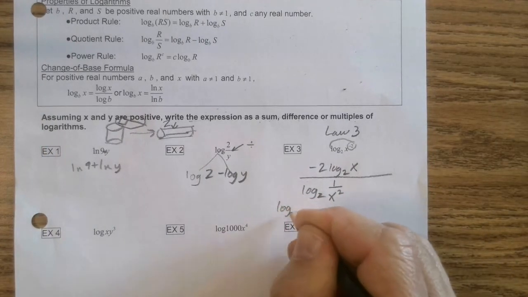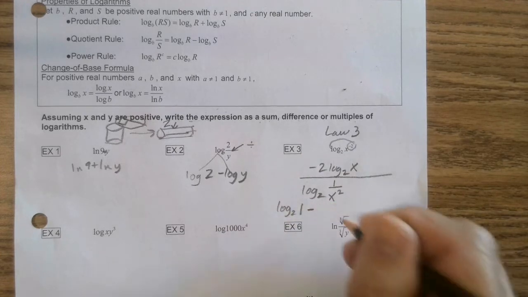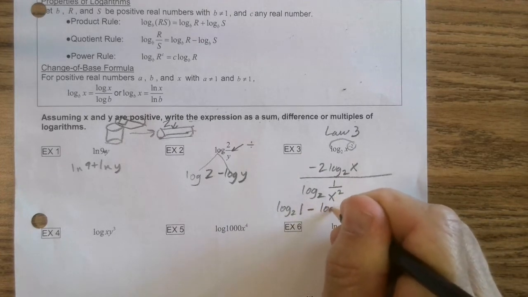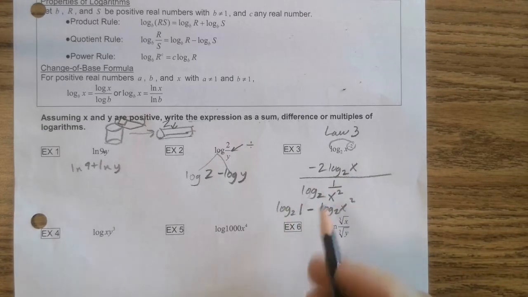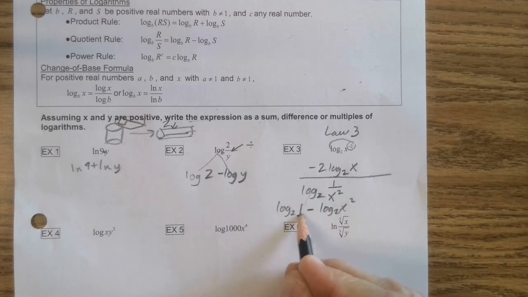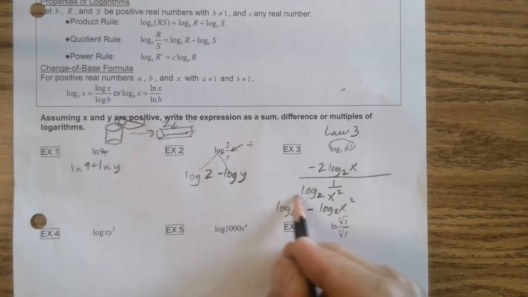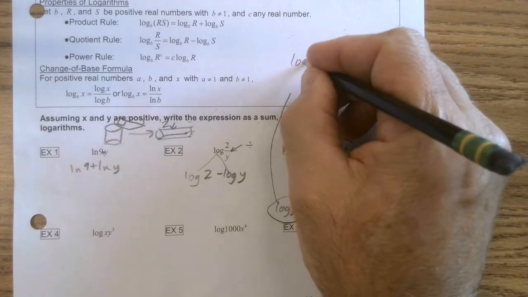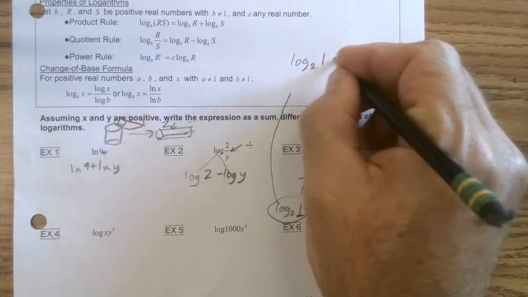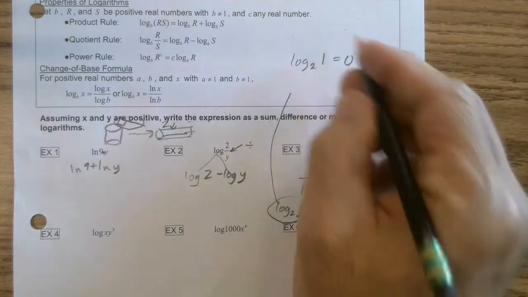This turns into log base 2 of 1 minus log base 2 of x squared. And here's an interesting thing. You see this 1 in this position? Every single time you have a 1 in that spot, this logarithm is going to equal 0. Why?